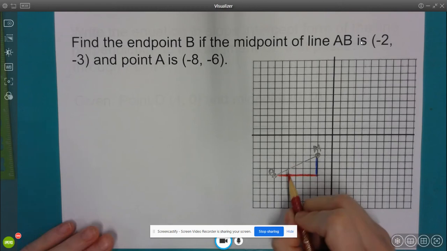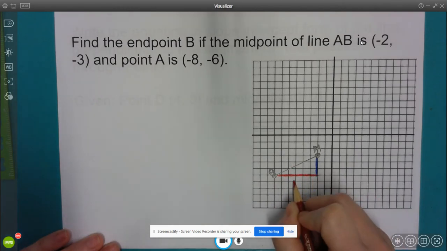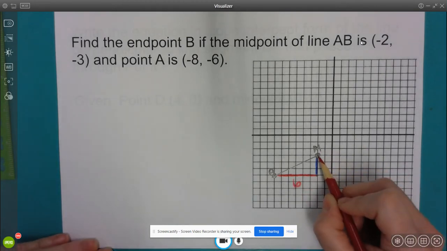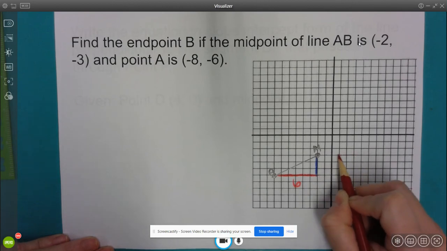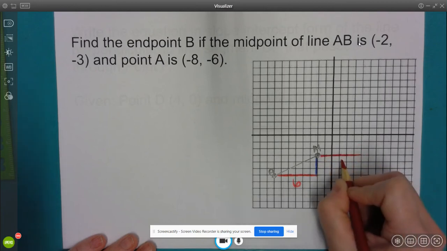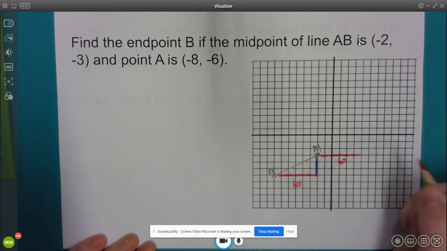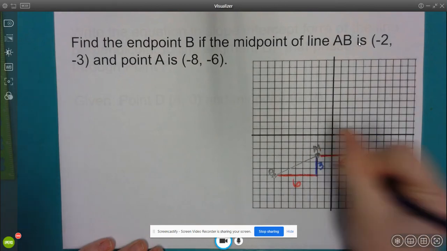So I've gone 1, 2, 3, 4, 5, 6 over. So I'm going to do that again from my midpoint. 1, 2, 3, 4, 5, 6. So this is another sideways distance of 6, and then I'm going to go up 3.